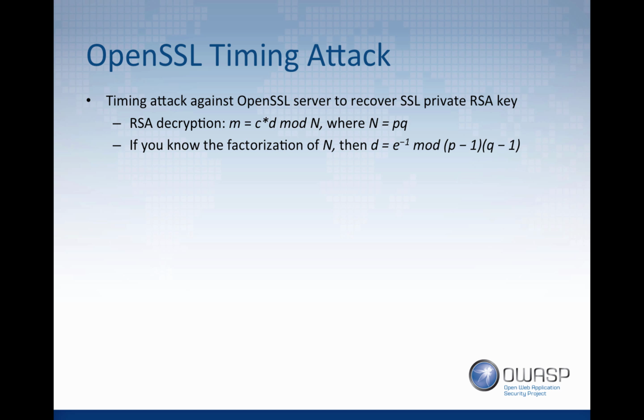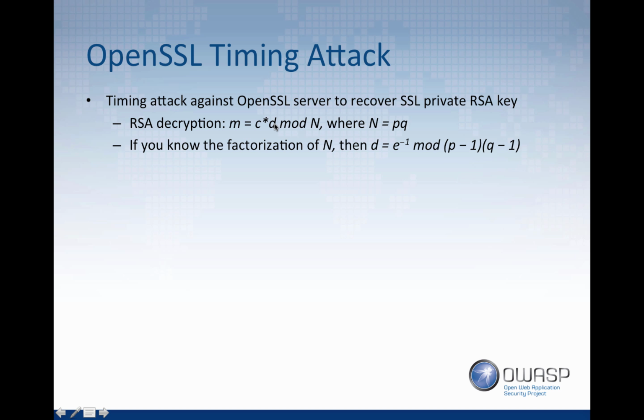So, the OpenSSL timing attack, here's a fun one. Just a quick review of RSA. RSA is the public-private key. And through our timing attack, we want to reveal the SSL's private key, right? So to decrypt something, you have a message M. And to decrypt it, you just take your ciphertext C raised to your decryption key D, all modulus N, right?